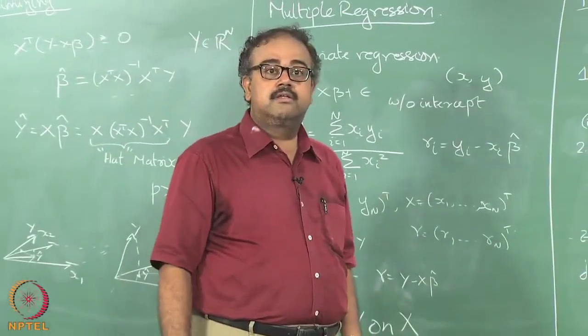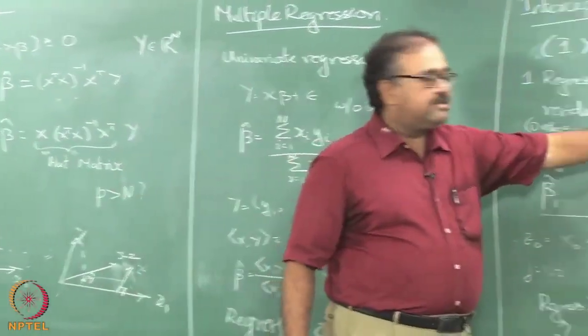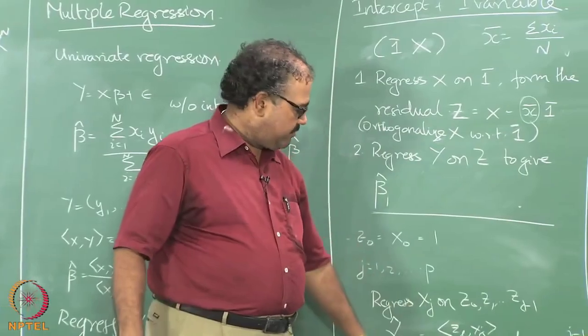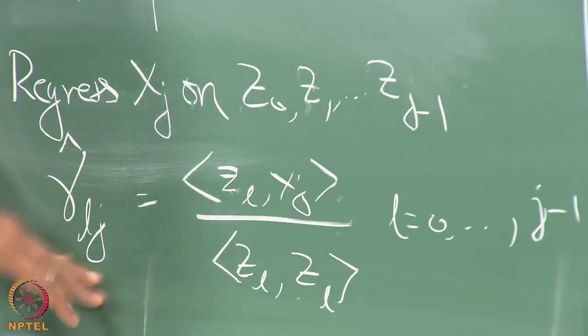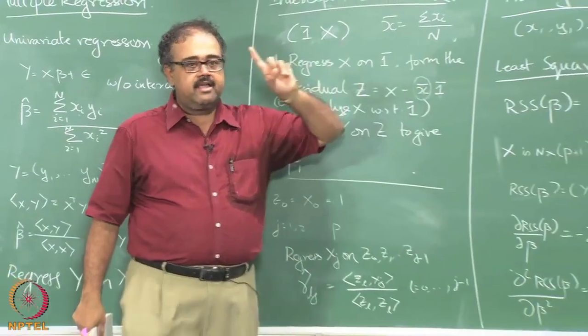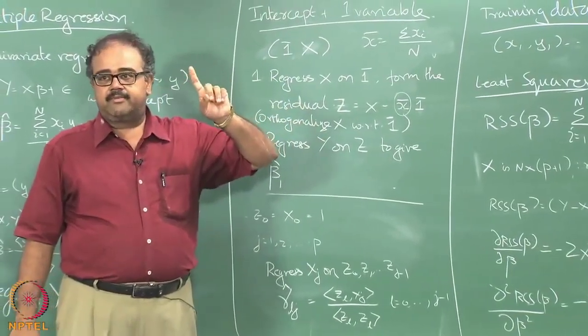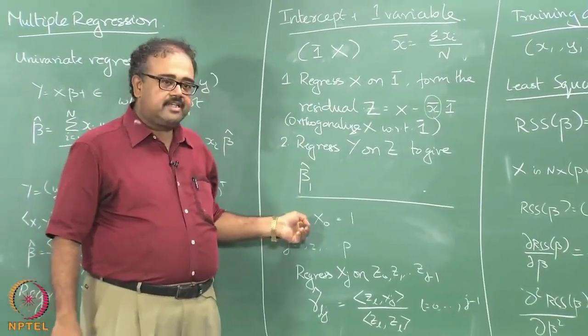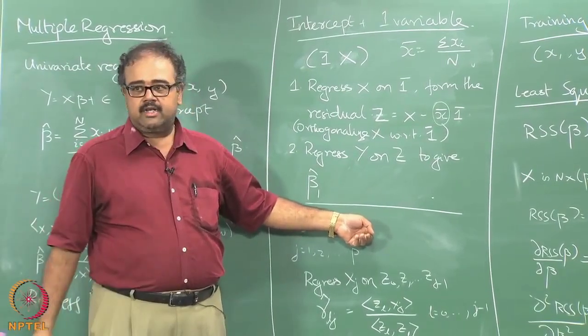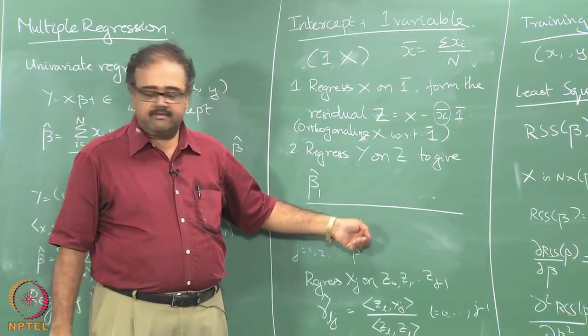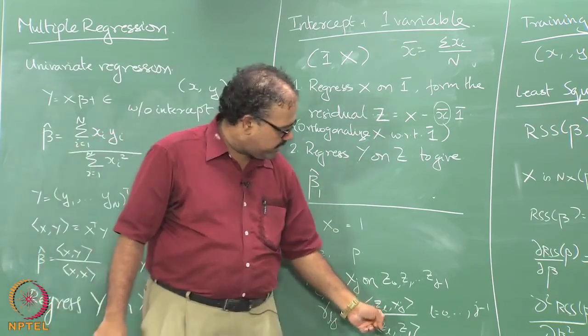Yes, no? So I am saying this x bar was derived by just using the same formula. This happens when I regress on the first variable. So I start off with z0 as 1, and I am regressing x1 on z0. When I regress x1 on z0, what do I get?